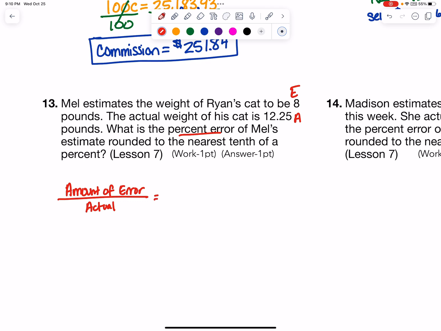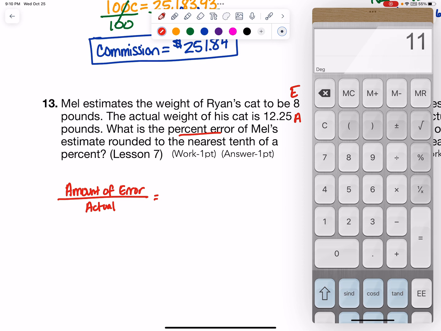So let's go ahead and set that up. The amount of error would be our 12.25 minus the 8. We want to know what is the difference between the two. So I'm going to do 12.25, oops, be careful there, minus 8. So the difference between my prediction and what actually happened was an amount of error of 4.25. And then we can go ahead and write what the actual was to compare it against that. Okay.